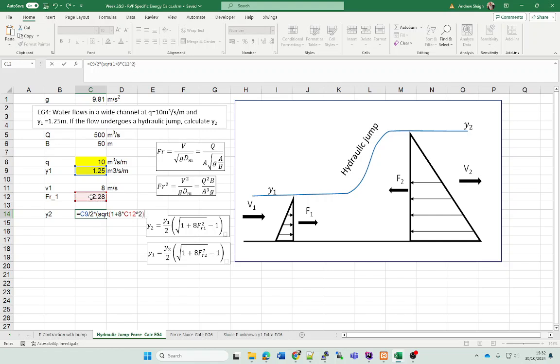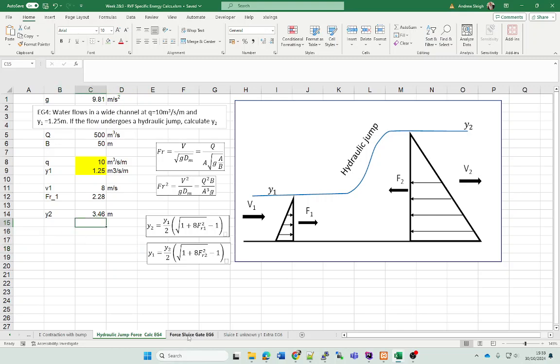Close the square root, subtract 1, and close the second bracket. Alright, be careful to do that. Don't put the -1 inside the square root, and the hydraulic jump would jump from 1.25 meters to 3.46. Rather extreme example this, but illustrates simply the use of that equation.